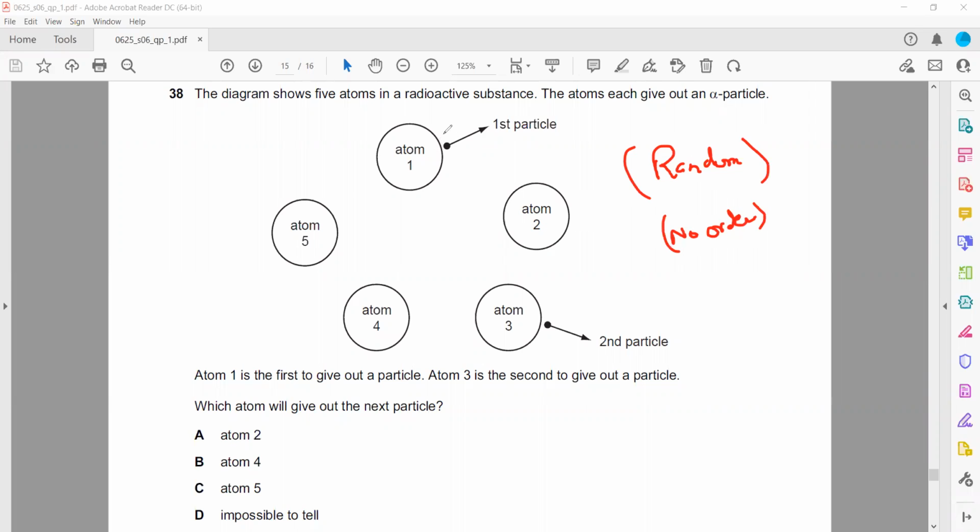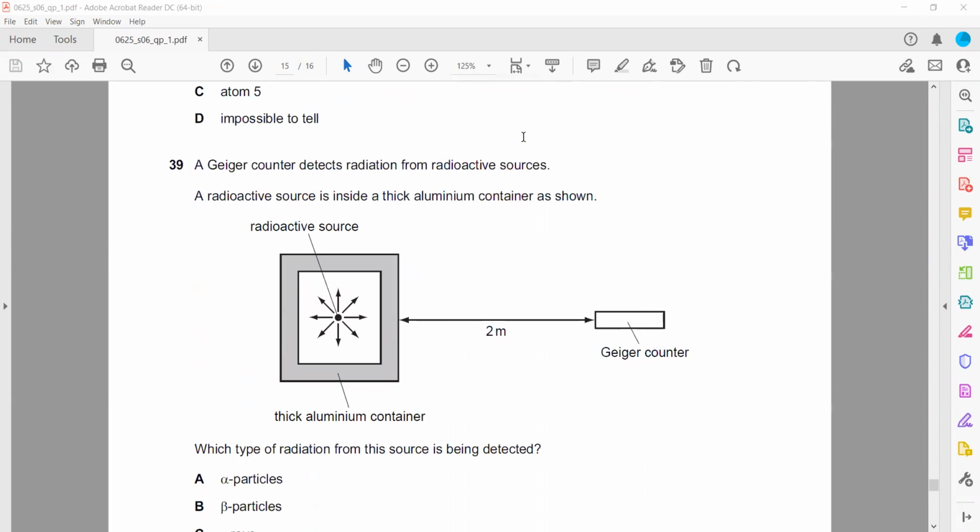Maybe 1 will emit again, maybe 2 will emit, maybe 5 will emit. There's no order here. So it is impossible to tell which will be the next atom to decay, as it is a random process which does not have any order.